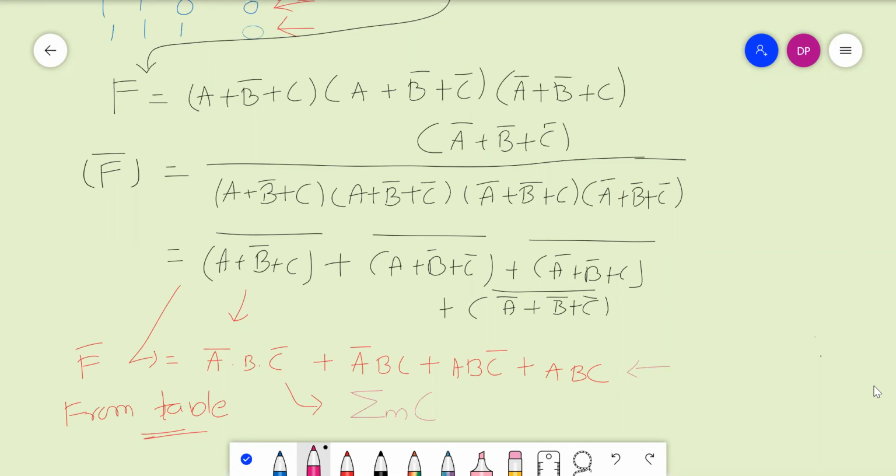In terms of sum of products, not complemented, so this is 2. This is 0 1 1, which is 3. This is 6, and this is 7.